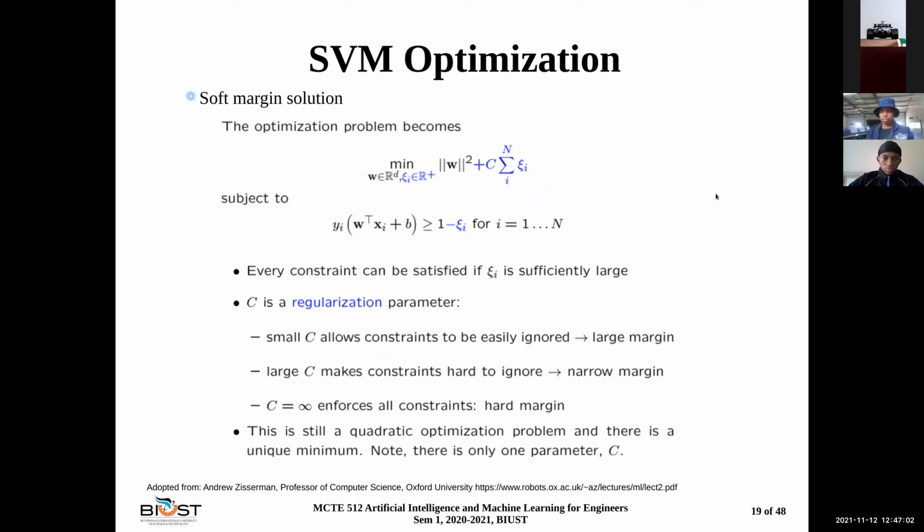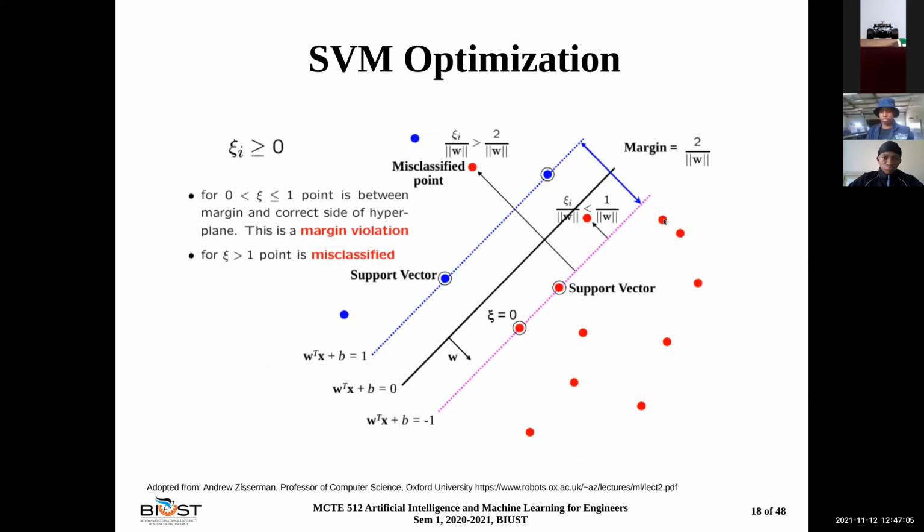For all points, the psi i, I call it psi, but I think it's xi, anyway. The psi value for all of these points that are correctly classified beyond the support vector is equal to 0.